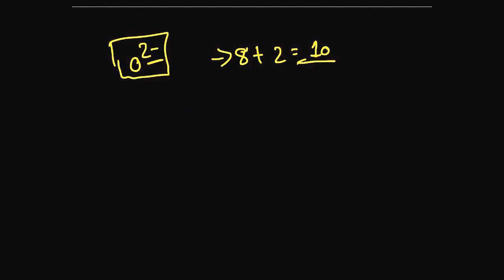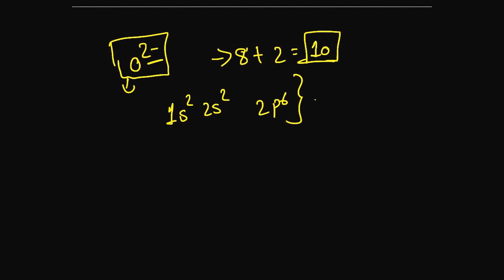So now write the electron configuration of the atom which has 10 electrons, which is 1s2, 2s2, 2p6. It is the same as the electron configuration of the neon atom. So it is not a big deal, just calculate the number of electrons and write it down.